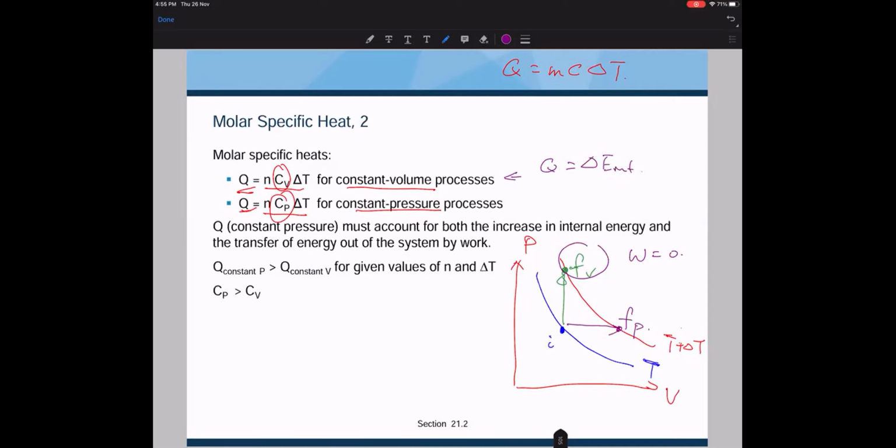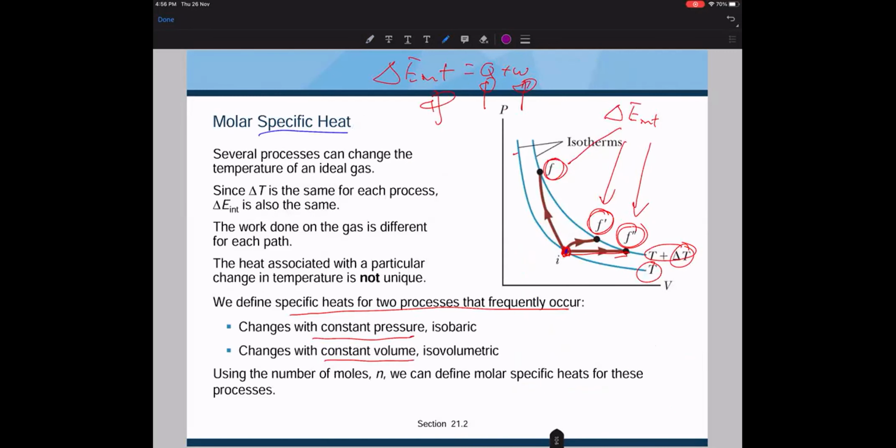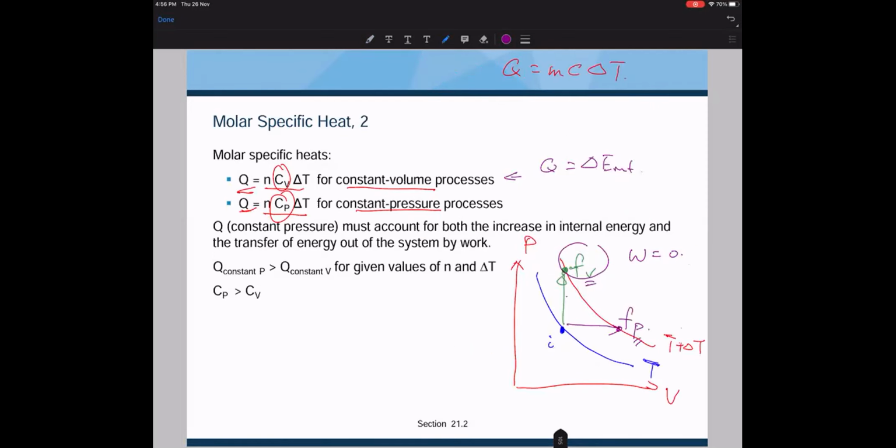Now, this would be very useful because in any different types of processes, no matter you are doing constant volume process, constant pressure process, or any other funny processes like the ones shown at this diagram, as long as you have a change of temperature delta T, the amount of internal energy change can be calculated by the equation shown here, NCV delta T, regardless of the process.